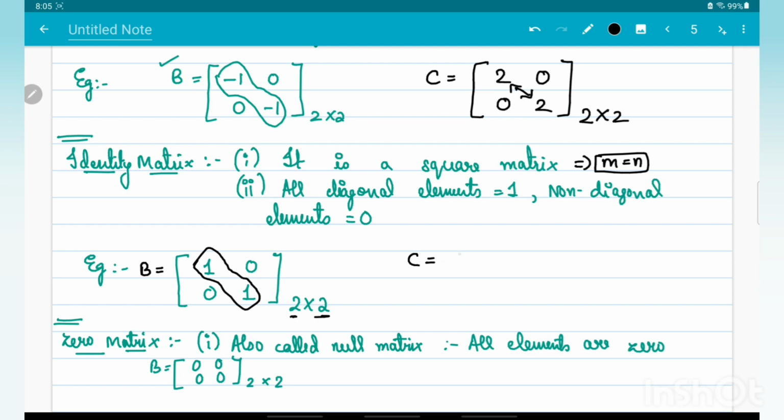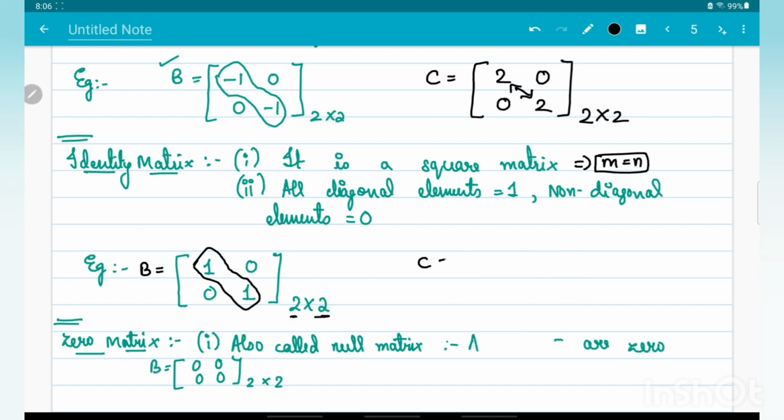Now suppose I take an example with -1, 0 and 0, -1, and I ask you if this is an identity matrix or not, the answer will be no. The reason being that the diagonal elements are equal to -1. Okay, they are not equal to +1. So the diagonal elements should be equal to 1, only then it will be an identity matrix, and the rest of the elements also should be 0.